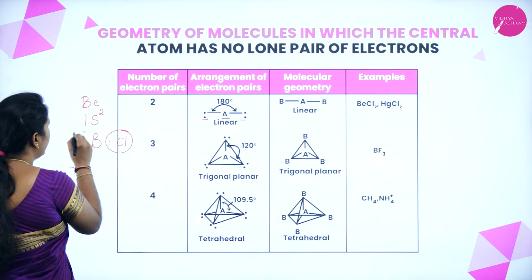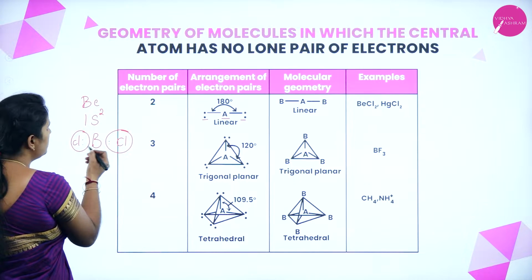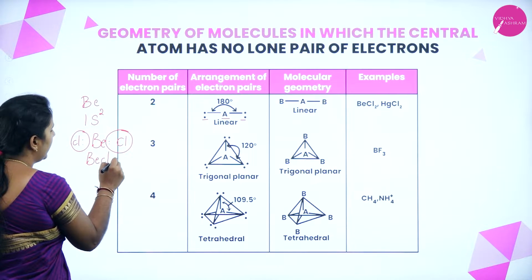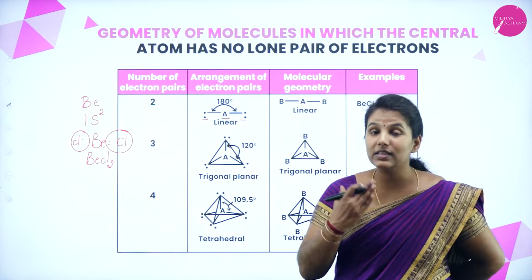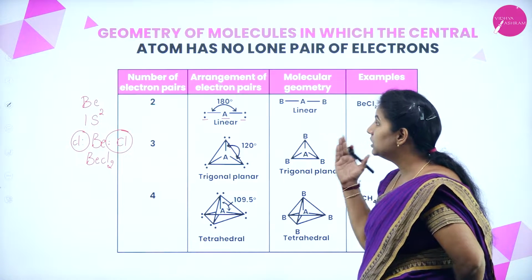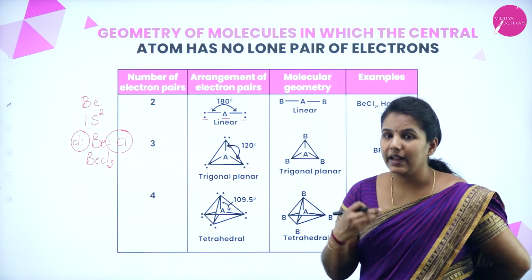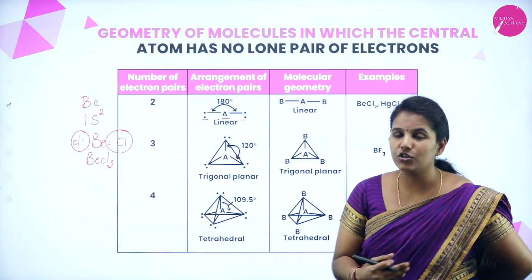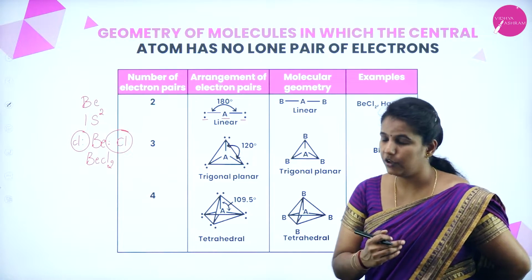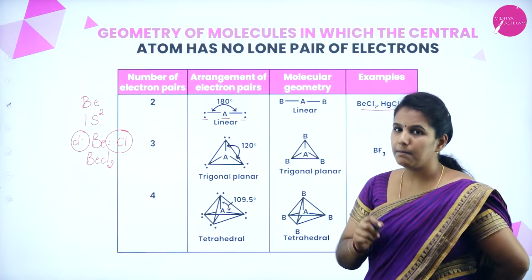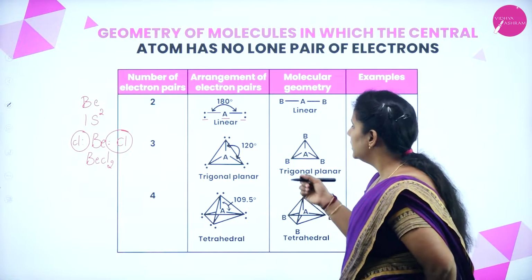Chlorine atoms and form beryllium chloride. So this indicates that the central atom has no lone pair of electrons, hence it has linear geometry. Okay, and the examples are beryllium chloride and mercury chloride.